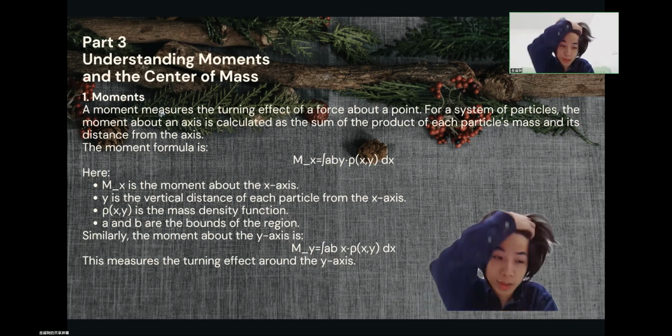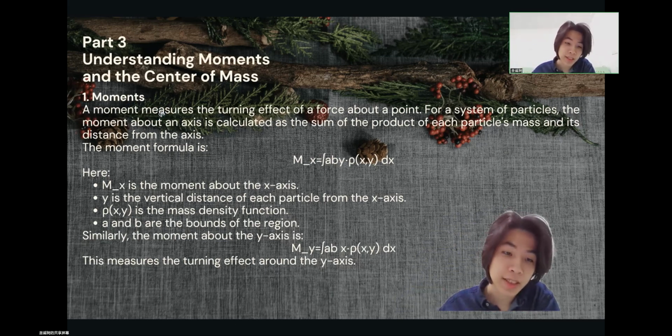These are important ideas in physics and engineering that help us understand how mass is distributed and locate the balance points of an object.